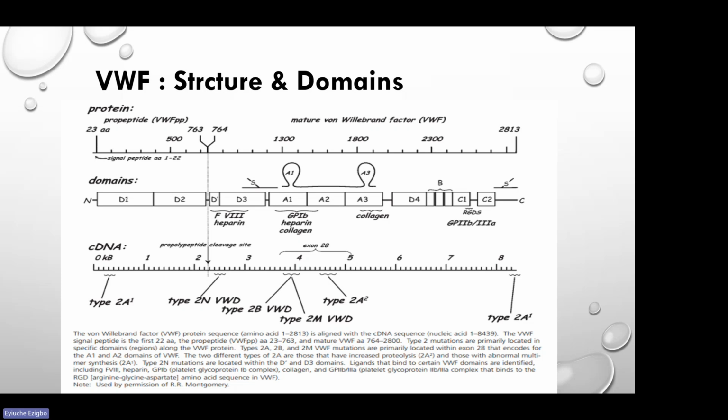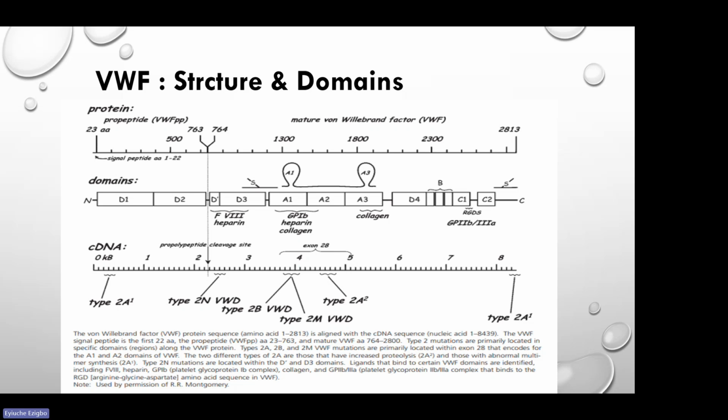Any mutation or molecular problem at this point in the cDNA will result in type 2N von Willebrand disease, corresponding to this domain. Any genetic malfunction or mutation at this other point will correspond to problems with platelet binding of von Willebrand factor.